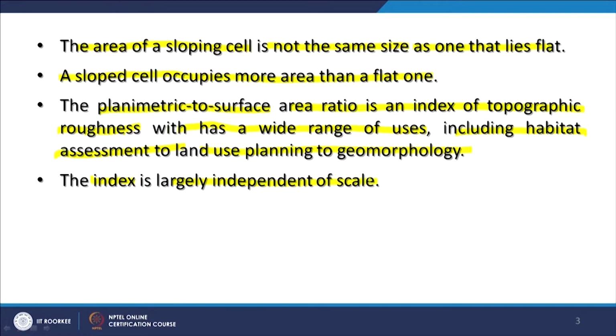So, whether you are using 30-meter spatial resolution data or a 90-meter spatial resolution digital elevation model, still this ratio would be there. That means there will be a difference between planimetric area and surface area.